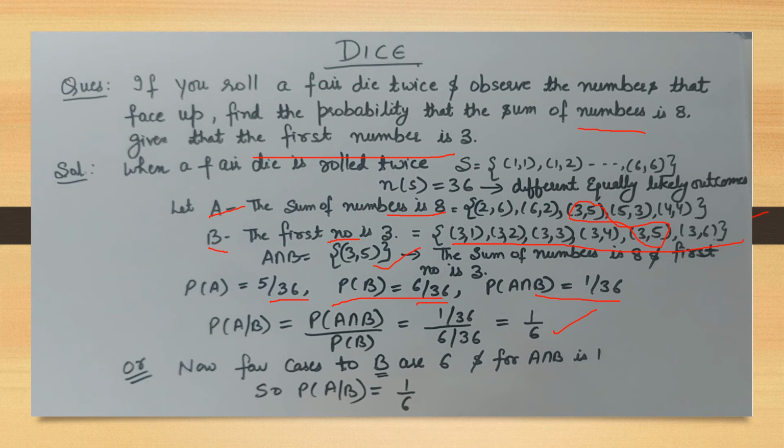And out of these, how many are favorable to A, meaning common with A and B? Only one, that is 3,5. So favorable is 1 and total is 6, so the probability is 1 by 6. That way you can also work with this.